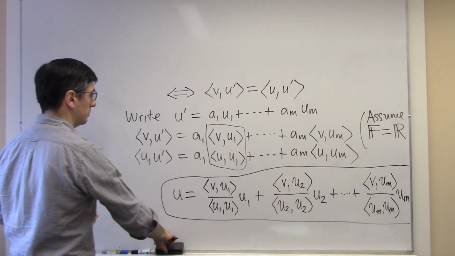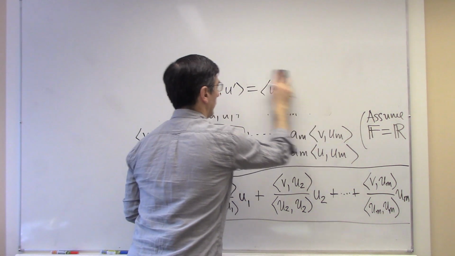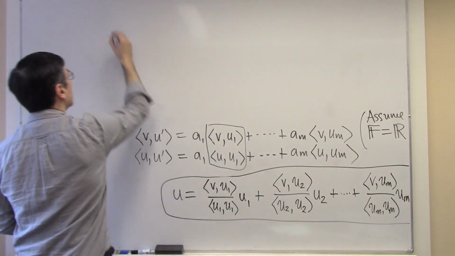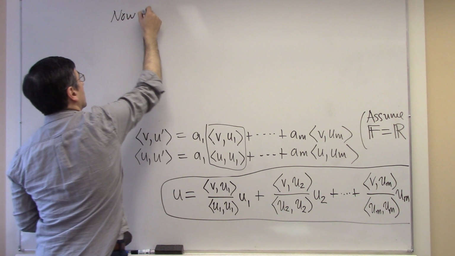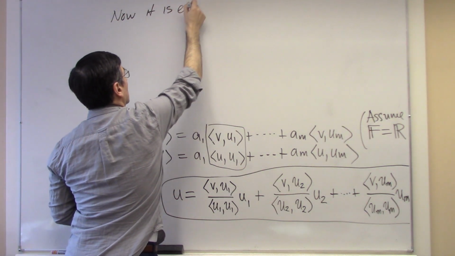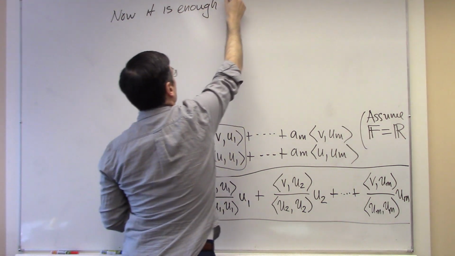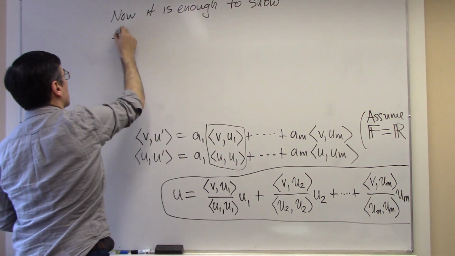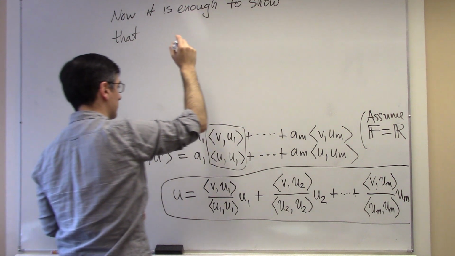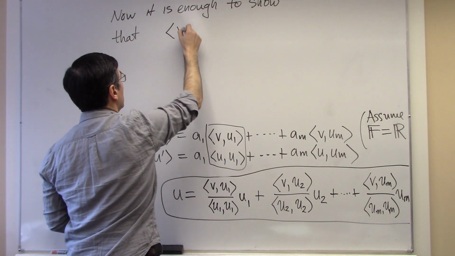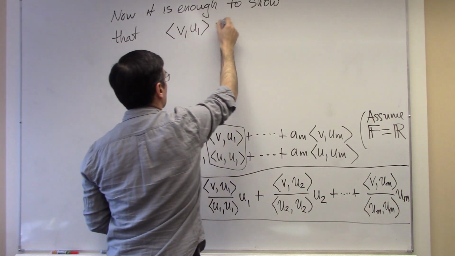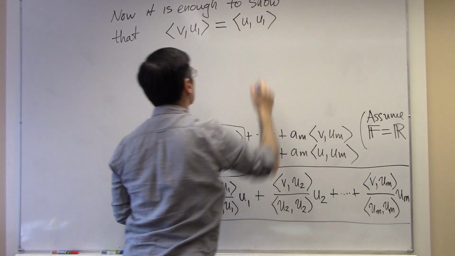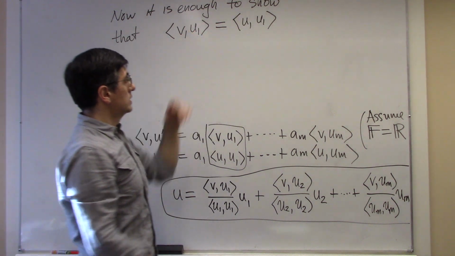So now I will do it for U1. So it is enough to show that V U1 is equal to U U1. The argument for other U i's is the same.